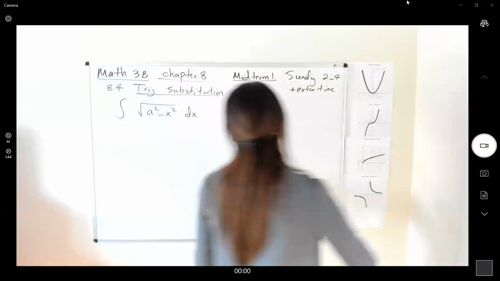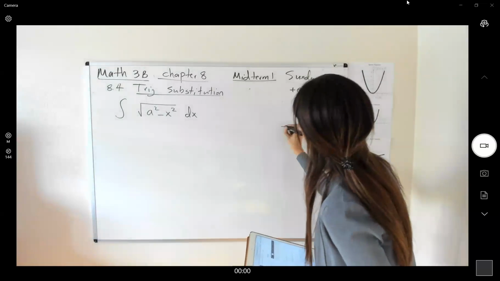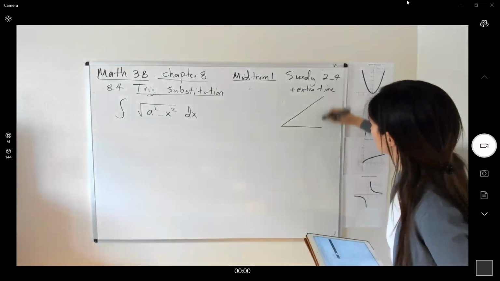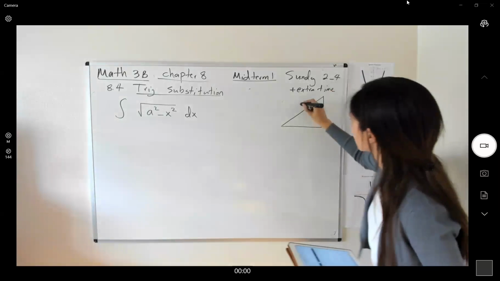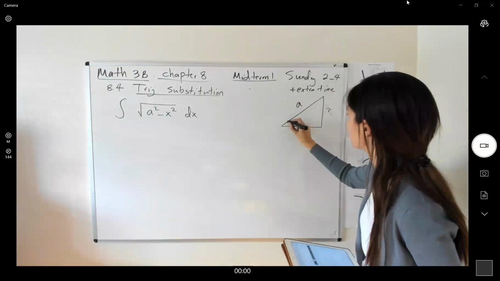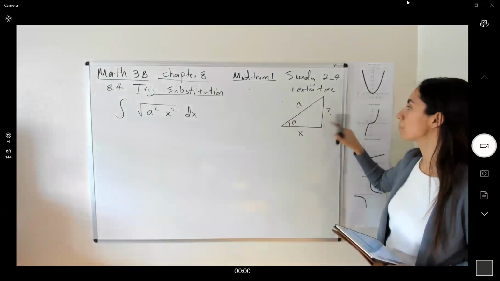Suppose we form this right triangle, and we are using the sides to be a as the hypotenuse, x, and our goal is to find this side.